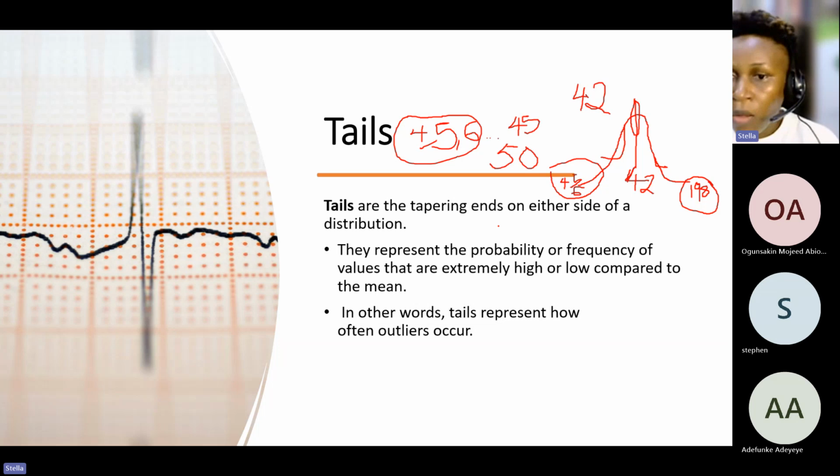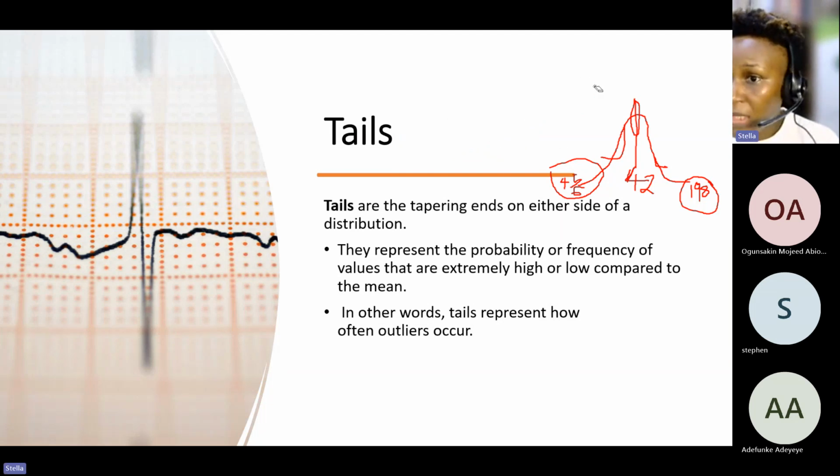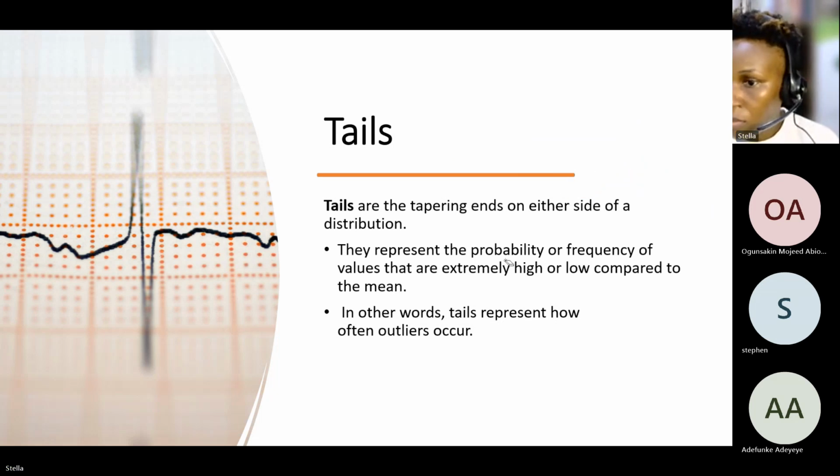Do you understand? Okay, so let's continue. Those are how you can know if your data set is okay, if you have the right distribution of data to work with.